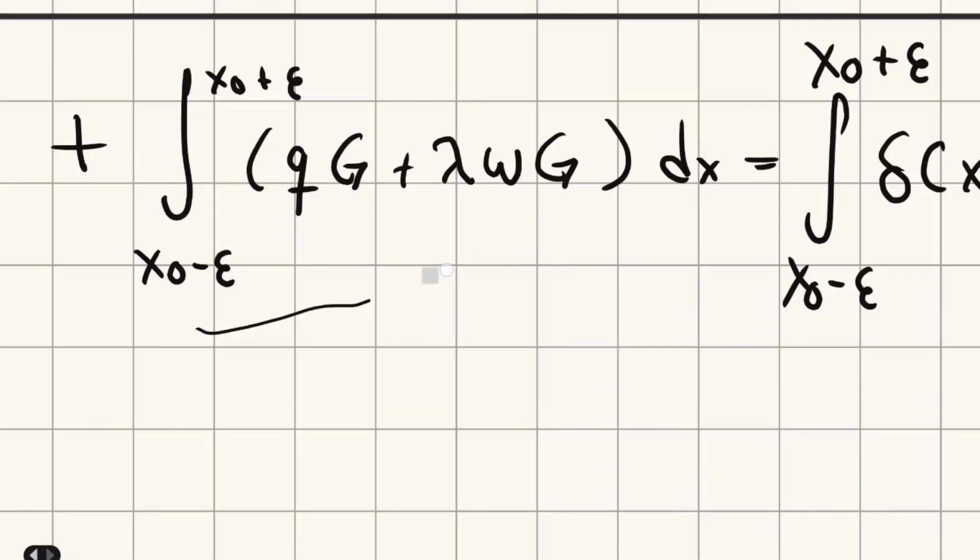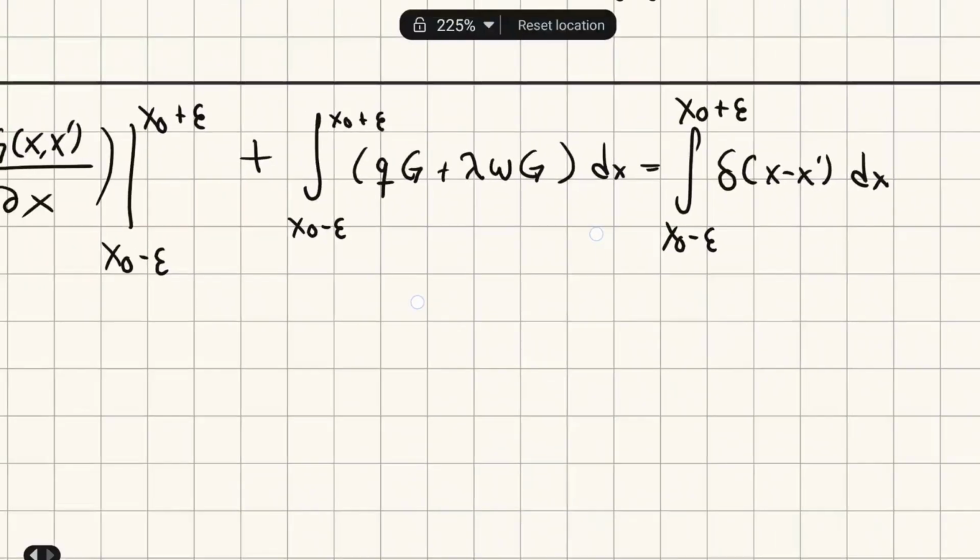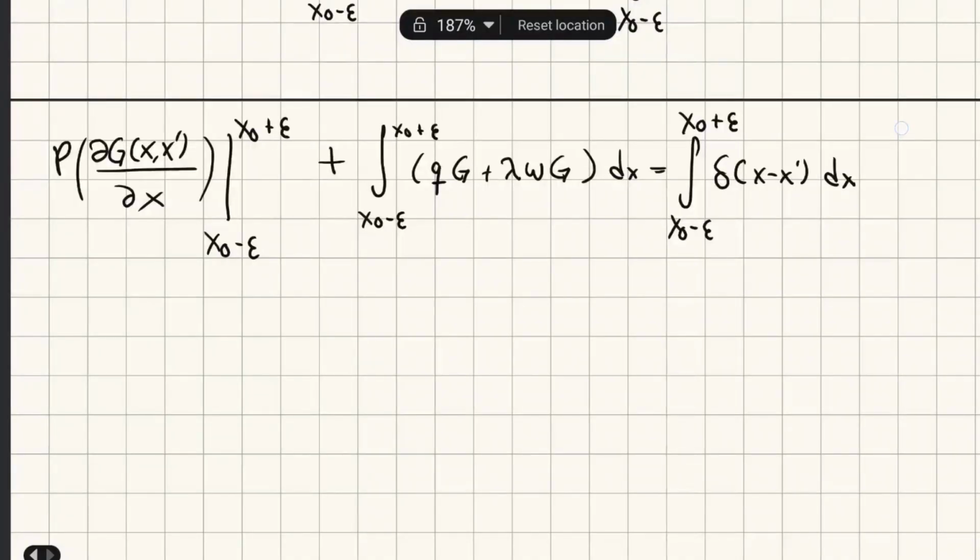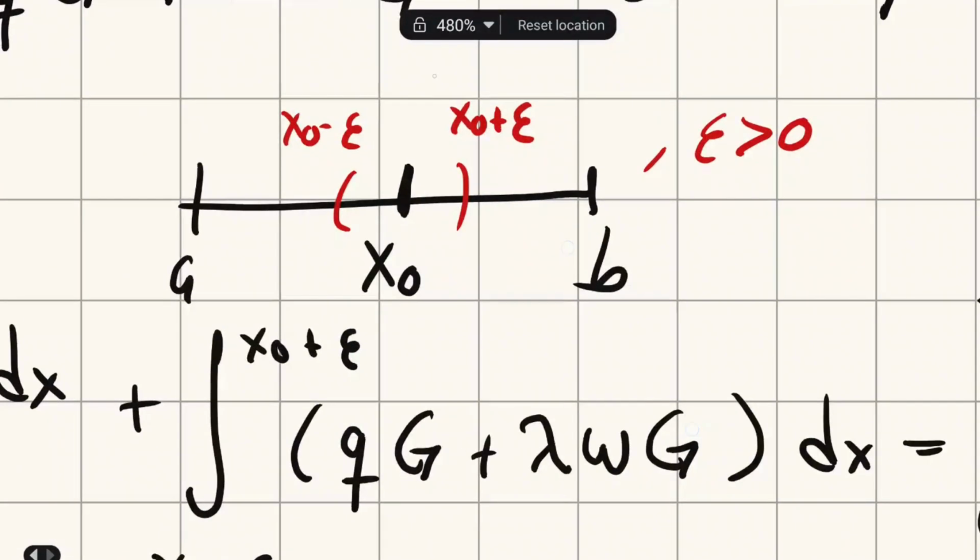Remember that we mentioned that the Green function is continuous at every point on the interval. So to be able to evaluate the value of the derivative, we need to take epsilon to approach 0, just to be close to that value x0 that we are interested in.